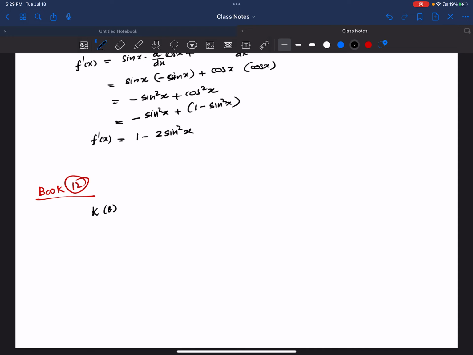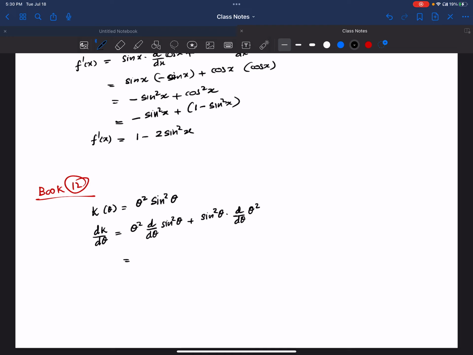K of theta is equal to theta squared times sine squared theta. So we can write dK d theta, which is equal to theta squared d over d theta sine squared theta plus sine squared theta times d over d theta theta squared.